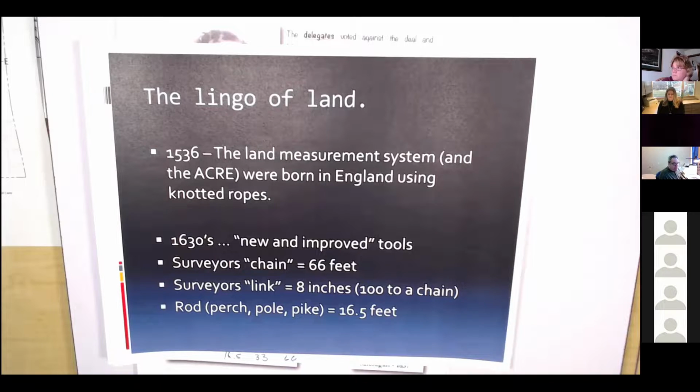So anytime you see a piece of property that's 1, 2, or 4 rods in width, or that's 33 feet or 66 feet in width, especially if it appears to run along the edge of a piece of property, you're very often dealing with a private road.